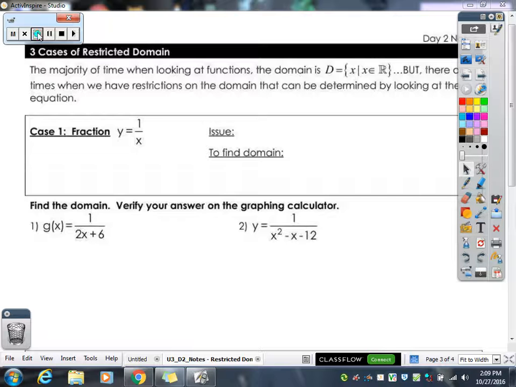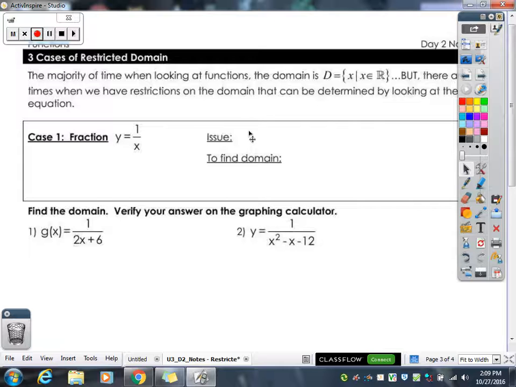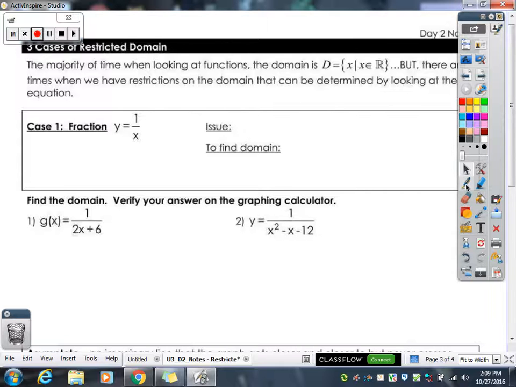The first case is when we have a fraction, and the issue is that we can't have a 0 in the denominator. The way to find the domain is we'll set the denominator equal to 0, and then we solve for x.